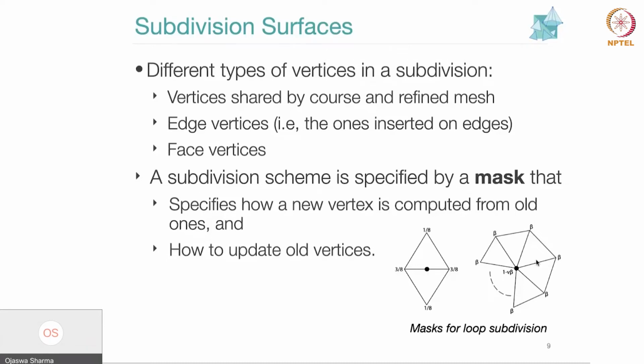There's a formula for that. We'll look at that in a moment. But I hope you understand that there are two different types of masks, one for creating new vertices and one for updating old vertices. And if you keep doing it for all triangles iteratively, you'll get versions of refined meshes as you go down the iterations. Okay, so the masks are clear. Then we can discuss some of these schemes and look at their masks.